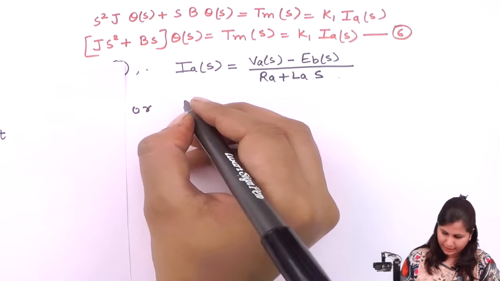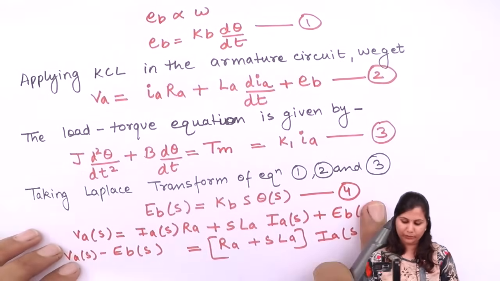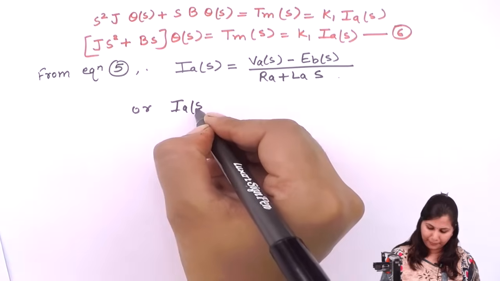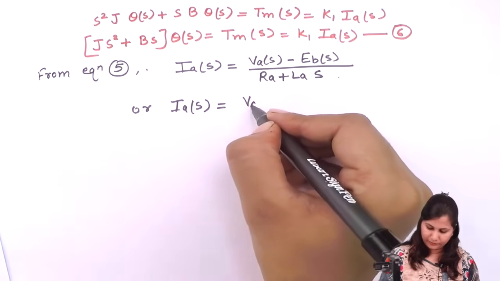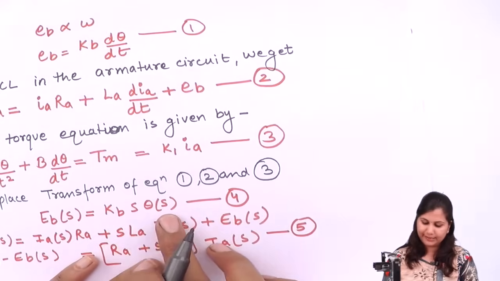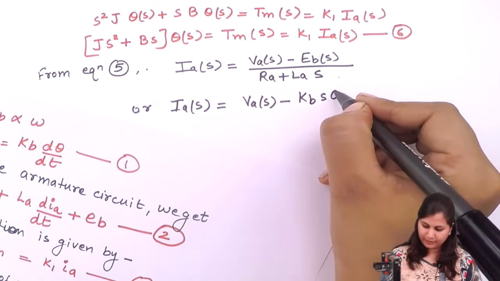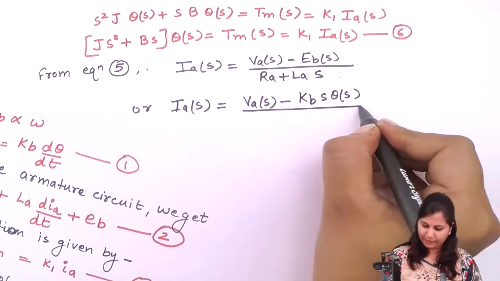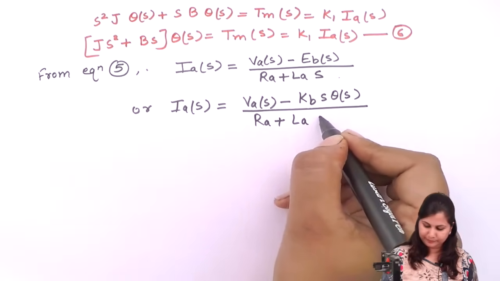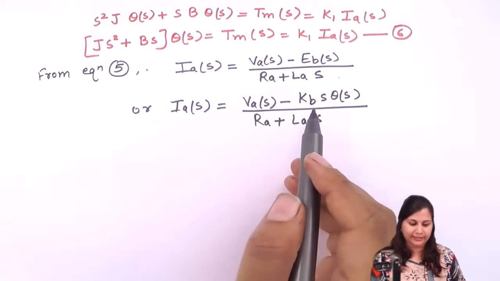Or we can say that if we put the value of EBS from this fourth equation, IAS equal to VAS minus EBS, which is KBS theta S, so VAS minus KBS theta S divided by the same denominator. So this is the value of IAS.